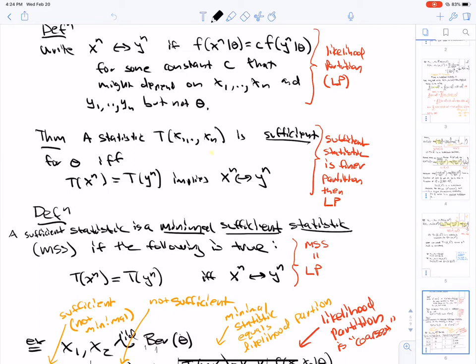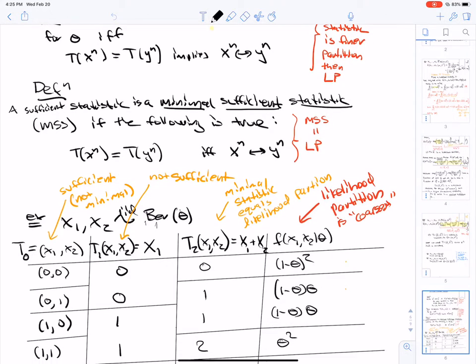A way to say that is that a sufficient statistic is a finer partition than the likelihood partition, in that if we have equivalence of our outcome by T, then we necessarily have equivalence under our likelihood partition. To prove this theorem, it actually follows quite straightforwardly from the factorization theorem.